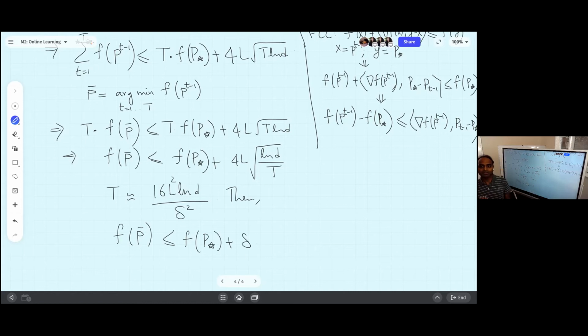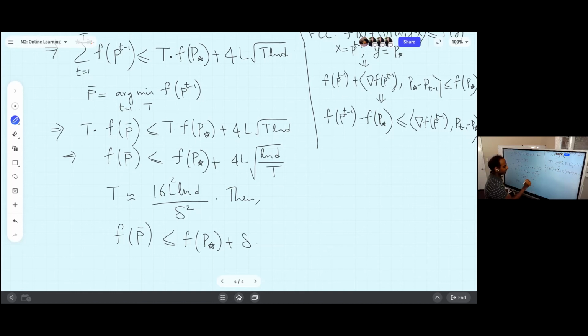So the multiplicative gradient descent algorithm finds a point which is delta close to the global optimum in something like log d over delta squared iterations.